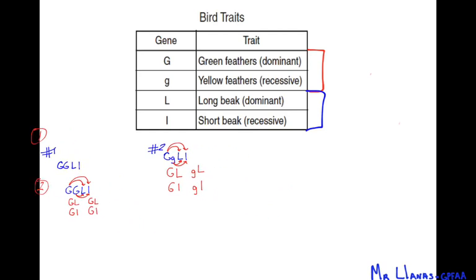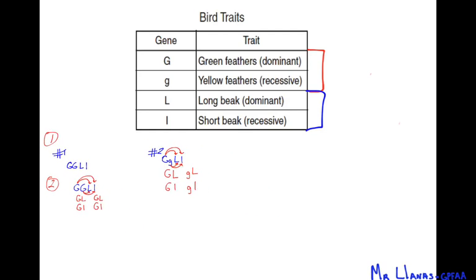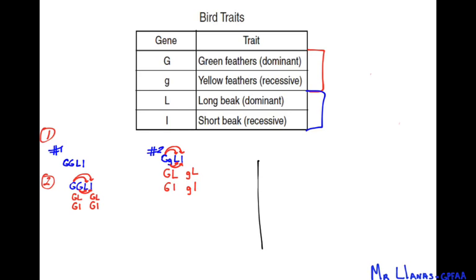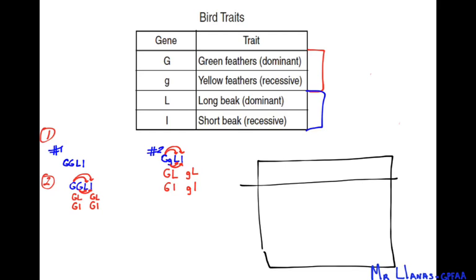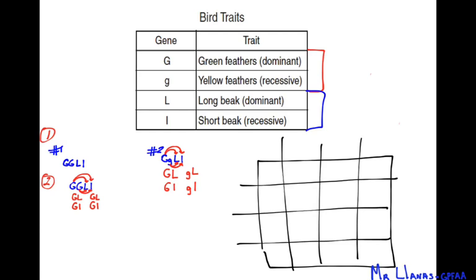So if I shrink this over here, we're not going to complete the Punnett square, but I'm just going to show you if we were to set it up. Remember that when you're looking at 2 traits, you're going to have a Punnett square that is 4x4. So you would have 4 going down, 4 going across. It doesn't matter where you put parent 1 or parent 2. You can put parent 1 on the top or parent 1 on the bottom.